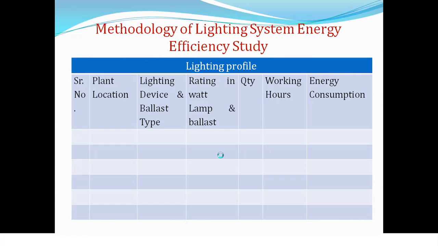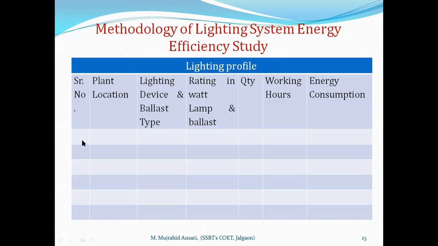Okay. Now the next step is how to do the analysis of lighting work, their replacement options, and what the total consumption is. Similar to the motive power, we are going to make a chart, and the chart should comprise the location, that is, the type of plant.